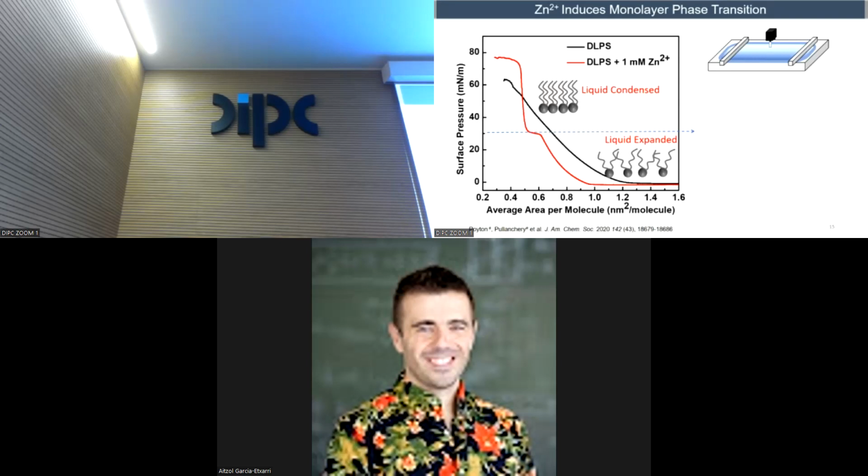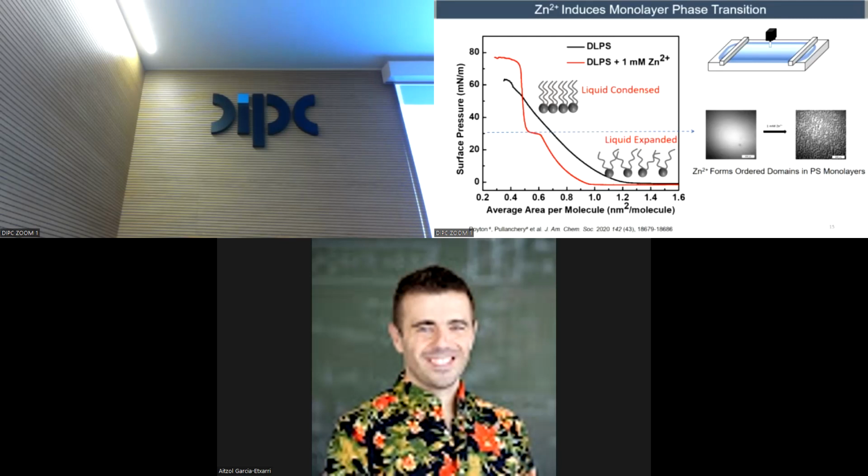Now I can also visualize this by adding a little bit of fluorophore labeled lipid to the monolayer and then taking the trough under a microscope. If I do that, I see that initially in the absence of zinc, I have a fairly uniform monolayer, but zinc induces the formation of these ordered domains in the monolayer. The dark regions that you see are the regions where the dye is excluded from. So it really creates these circular ordered domains on the monolayer.